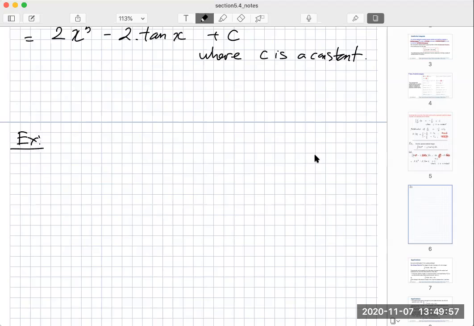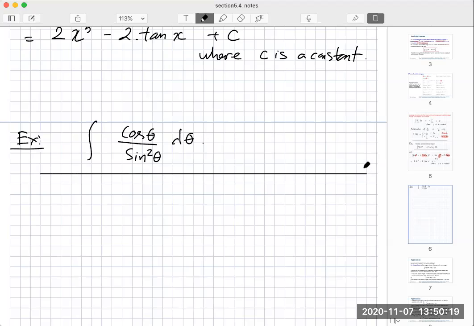Now let us do another example. We'll compute the indefinite integral of cosine theta divided by sine square theta d theta. This is a trig function, right? So what should we do?